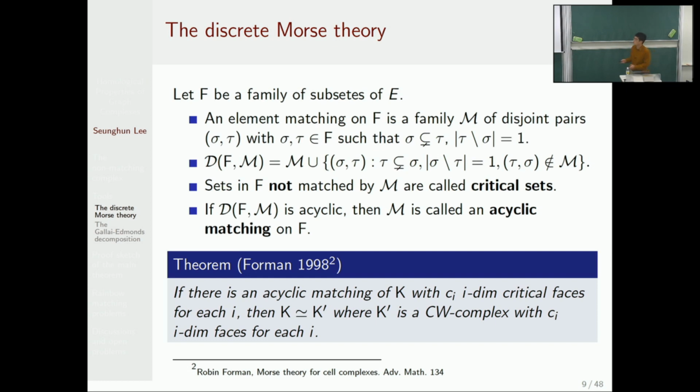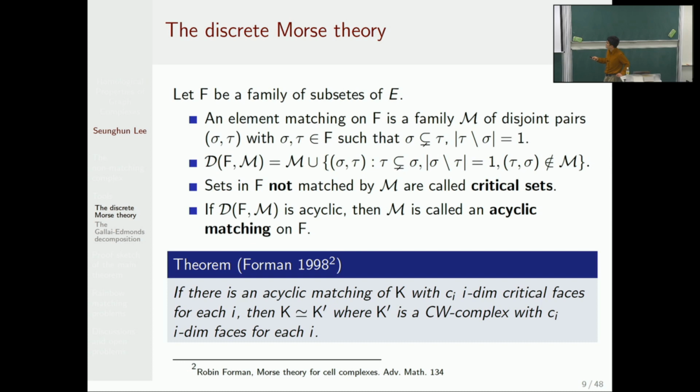And D_F(M) is defined by the union of the pairs. First it has M, and for the other pairs, we also define sigma and tau, the set of pairs such that sigma and tau satisfy the following properties.